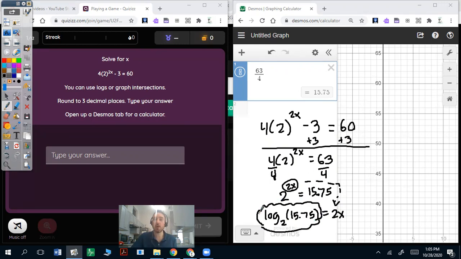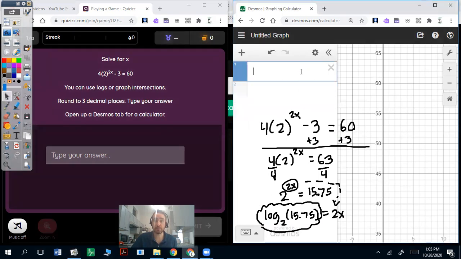You can say log base 2 of 15.75 by writing the following: LOG, hold down the shift and the minus key, that's right next to the 0, and you can put the 2. Put the right arrow in there and close up a 15.75 in the parentheses. You end up getting 3.97727.